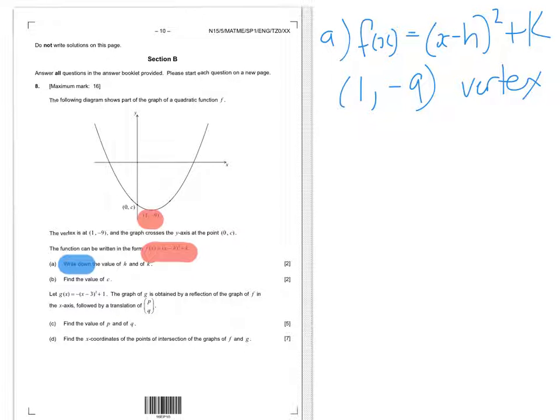Well, what that means, if (1, minus 9) is the vertex, we get a vertex when the square part is 0. And the reason for that is because when you square a number, unless it's 0, your answer is positive.